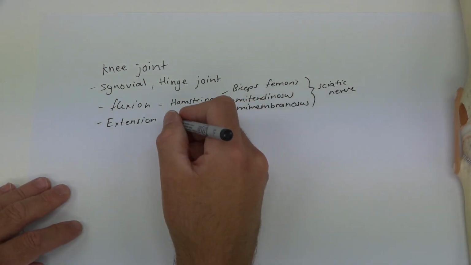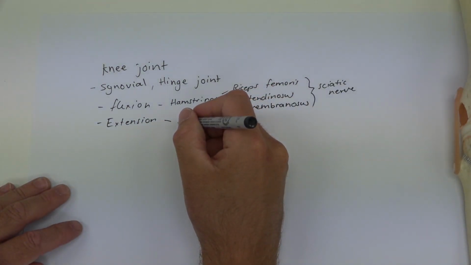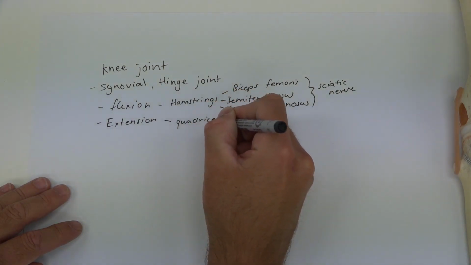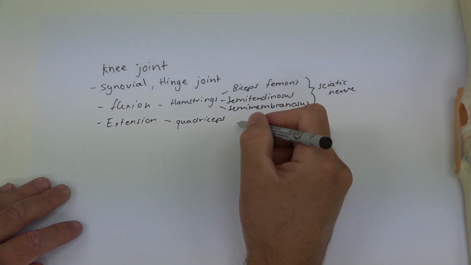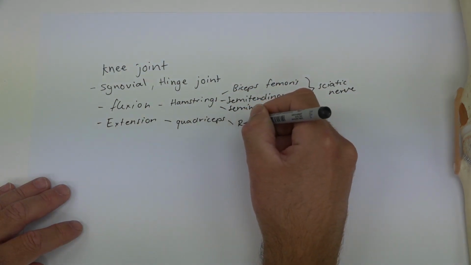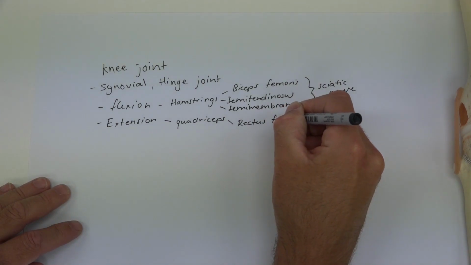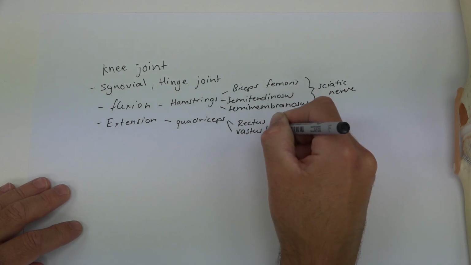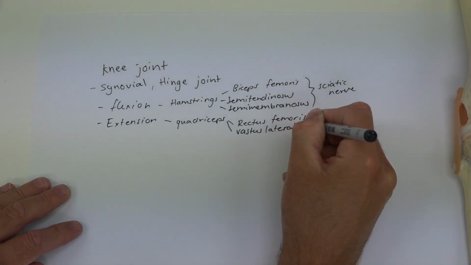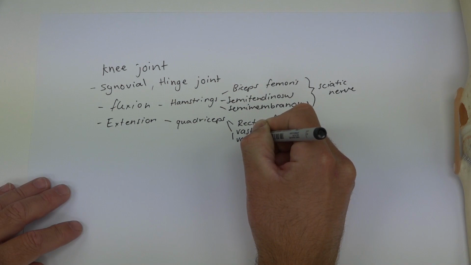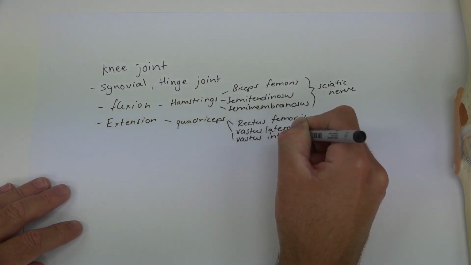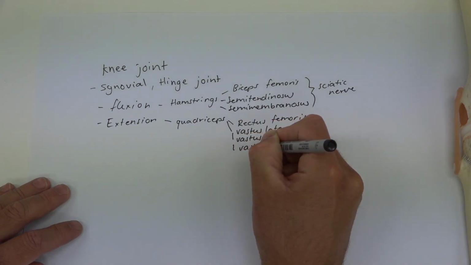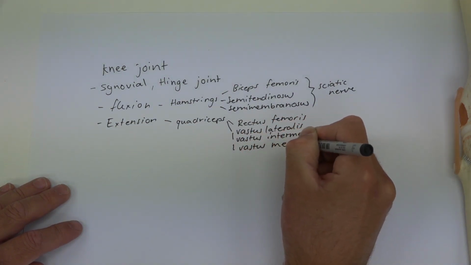Now, extension, muscles of extension, they're your quadriceps, all right, or your anterior thigh. So quadriceps femoris is the group name, all right, and individually, if we've got four of them, you will have rectus femoris, vastus lateralis, vastus intermedius, and vastus medialis.